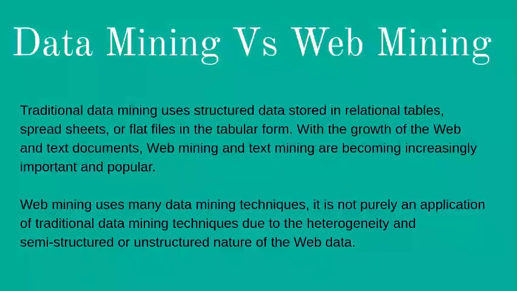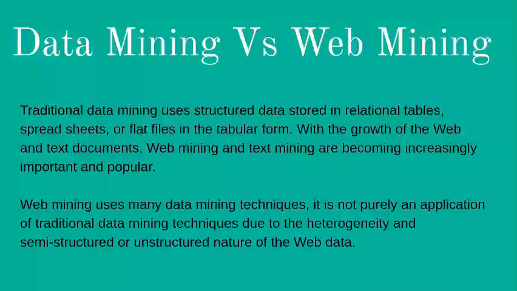Now, what is the difference between data mining and web mining? Traditional data mining uses only structured data, like data that is in relational databases, tables or spreadsheets, which is far easier.